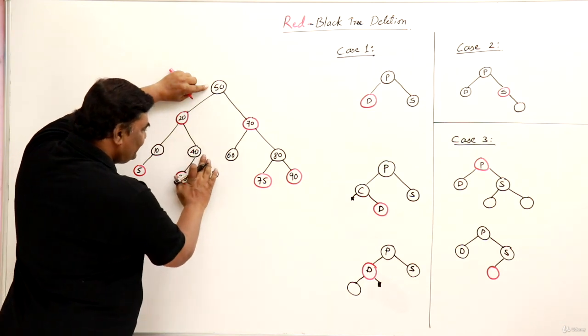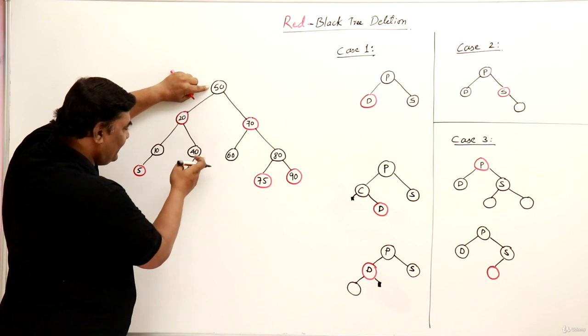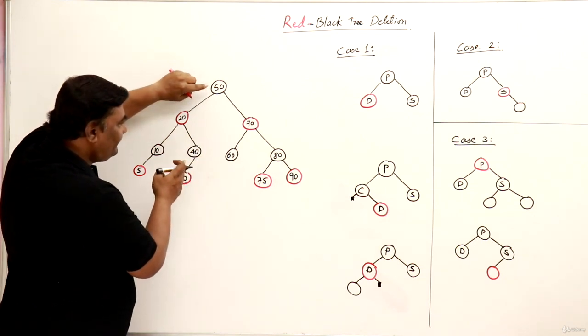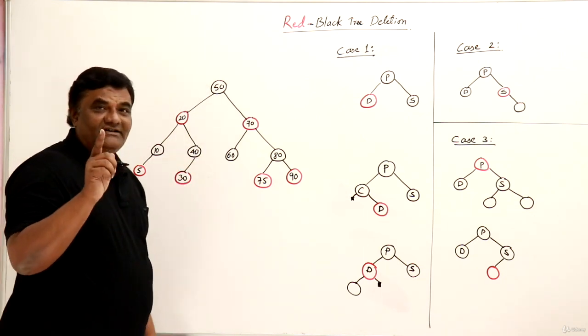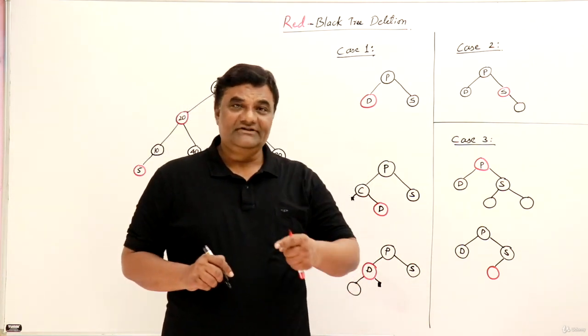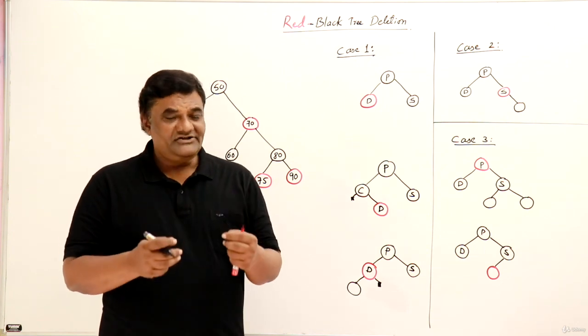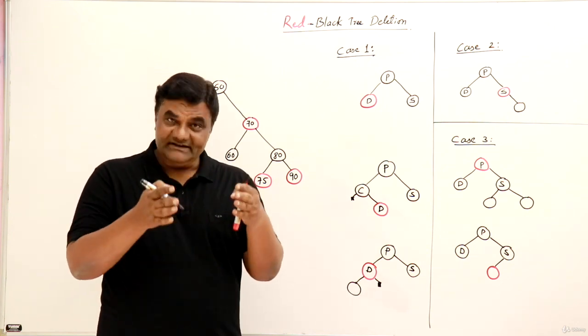So when 40 is taking place means it is having left child. So finally we can say that when we are deleting from binary search tree, it will be a leaf node or it will have exactly one child. Remember this thing.